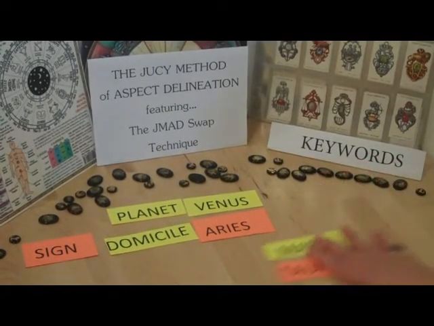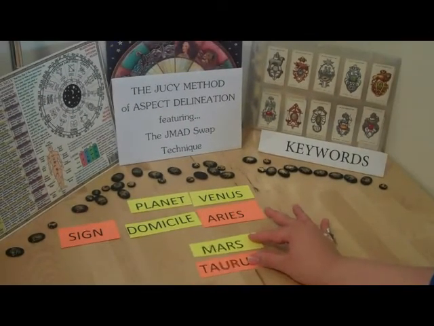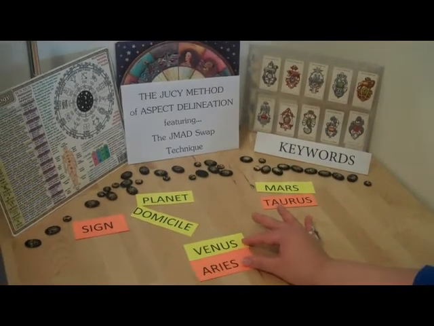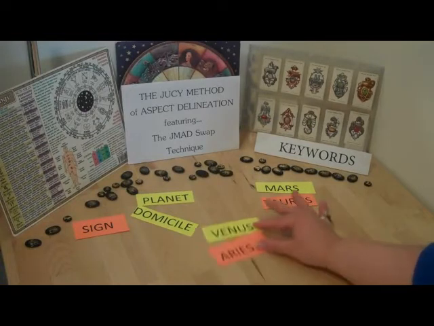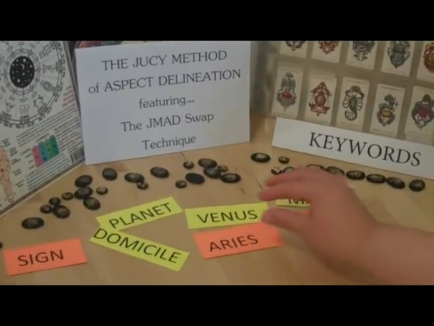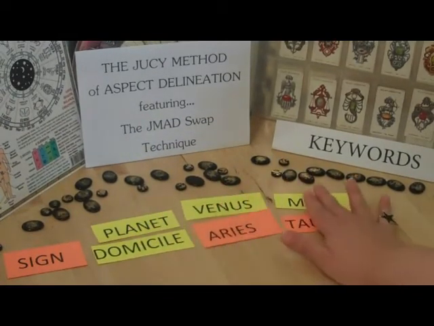So Mars Taurus interprets to sensual action, and Venus Aries interprets to hot love. So as can be seen or heard, it's as if we delineated planet to planet, which is the traditional method of delineation.